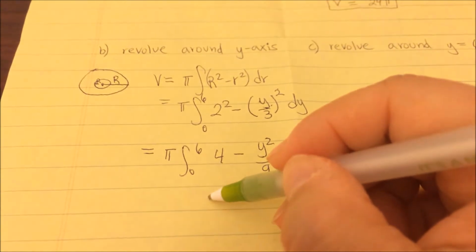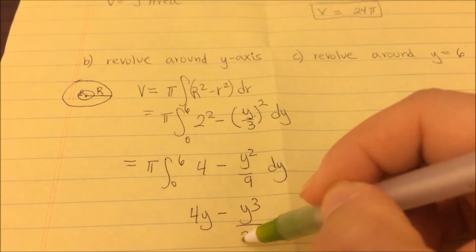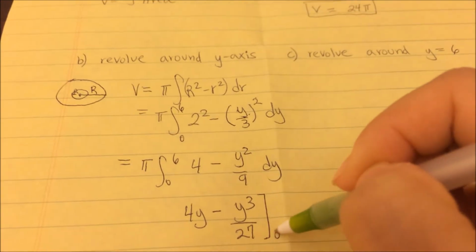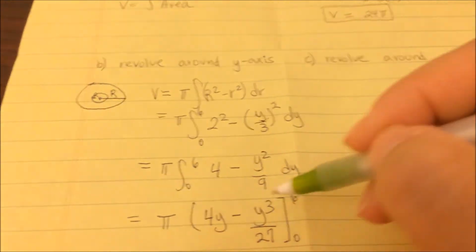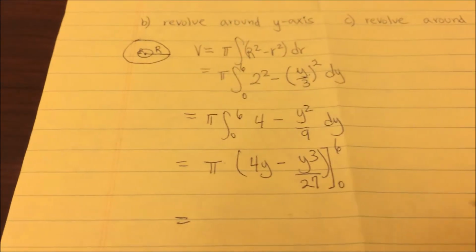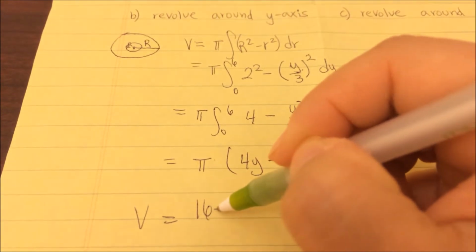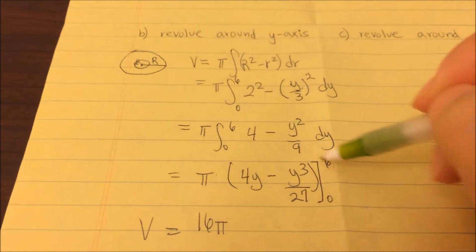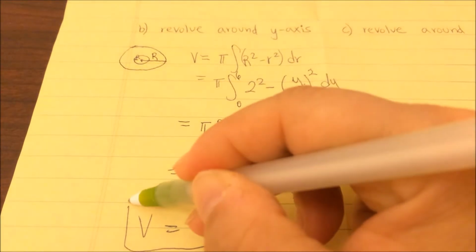If I take the integration of that, it becomes 4y minus y to the third over 27, still from 0 to 6, and we still have that pi involved. We can't forget that pi. When we calculate that out, for the sake of time, I'm just going to call it 16 pi. You can substitute 6 in yourself and figure that out. So that gives us 16 pi.